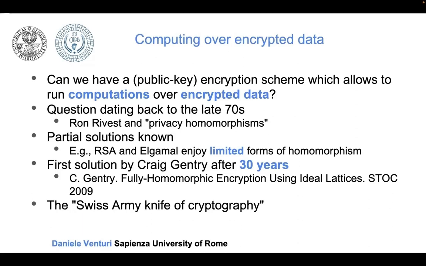Once FHE, fully homomorphic encryption, became available, people started to explore what they can do with it. For some time, it has been known as the Swiss Army knife of cryptography, because whenever you have a crypto problem that you don't know how to solve, you just try to solve it with fully homomorphic encryption, because this is very powerful and also possible now.